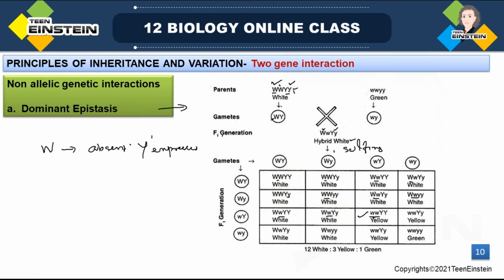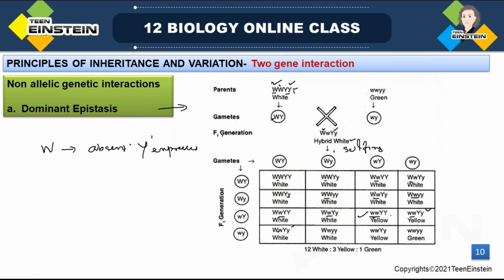Whether Y is homozygous dominant or heterozygous, it expresses, because the white color gene is recessive. Only when the white color gene is recessive does the yellow color gene get a chance to be expressed, even though it is a dominant gene.